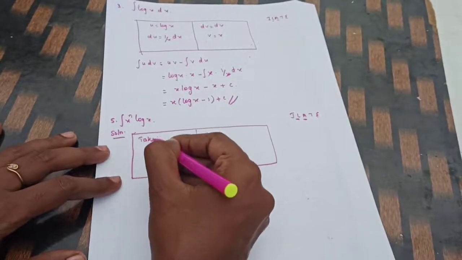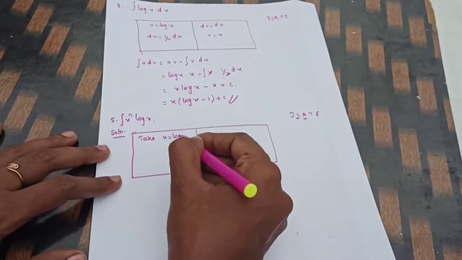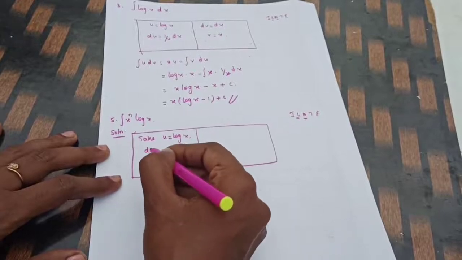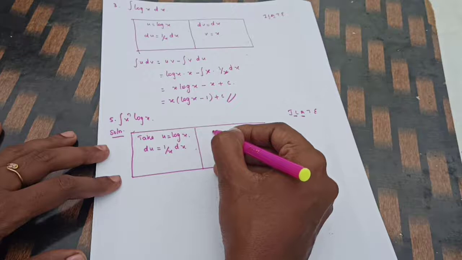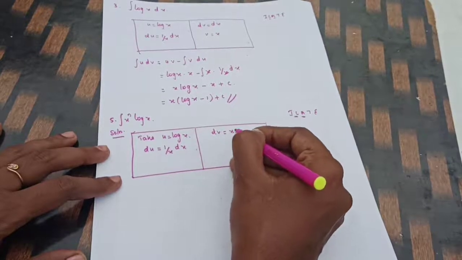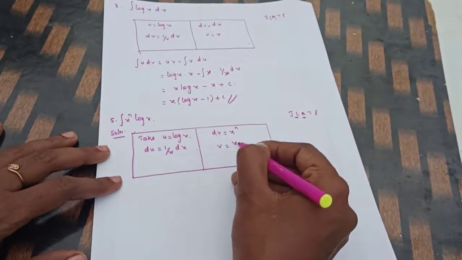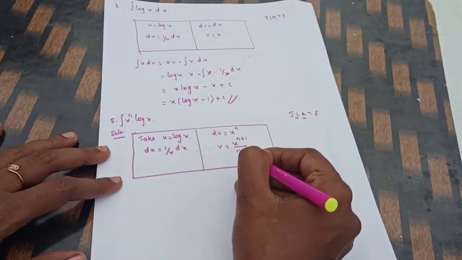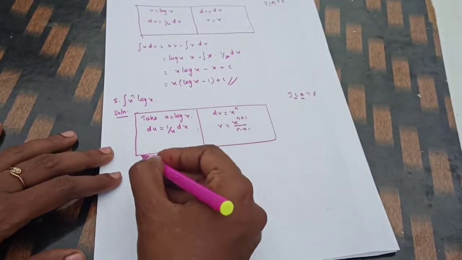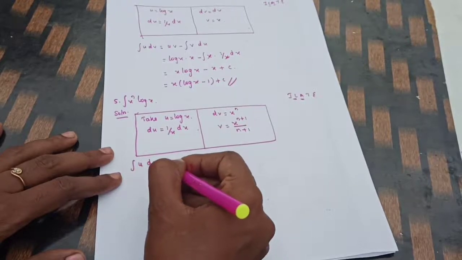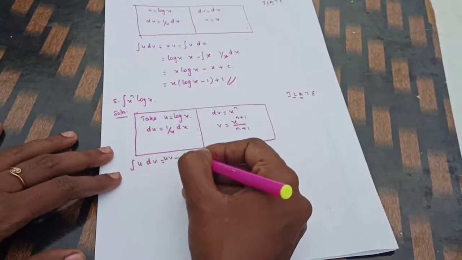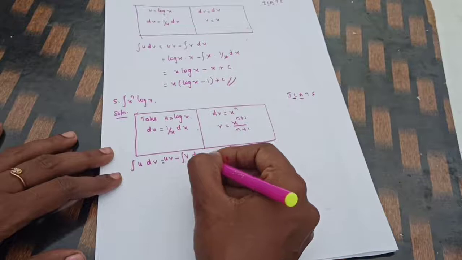Take u equal to log x. Differentiate: du equal to 1 by x dx. dv equal to how much? x power n. So v equal to x power n plus 1 divided by n plus 1. Substitute in the formula: integral of u dv equal to uv minus integral of v du.